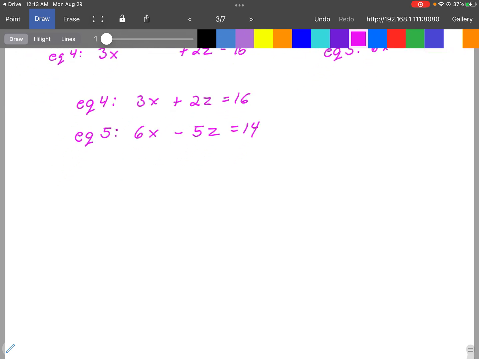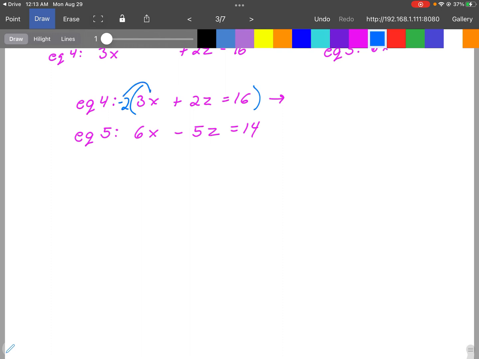So now I want to decide if the x's or the z's will be easier to cancel. And I'm thinking definitely the x's, because I can take this and turn it into a negative 6 to cancel with that by simply multiplying it by a negative 2.